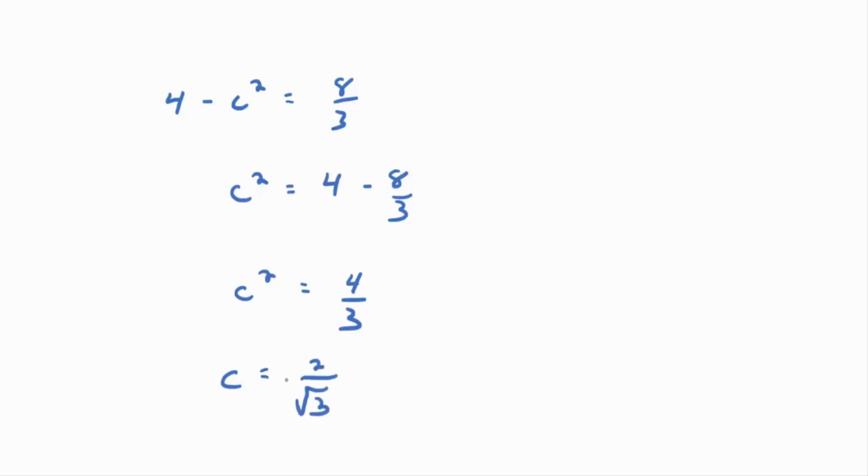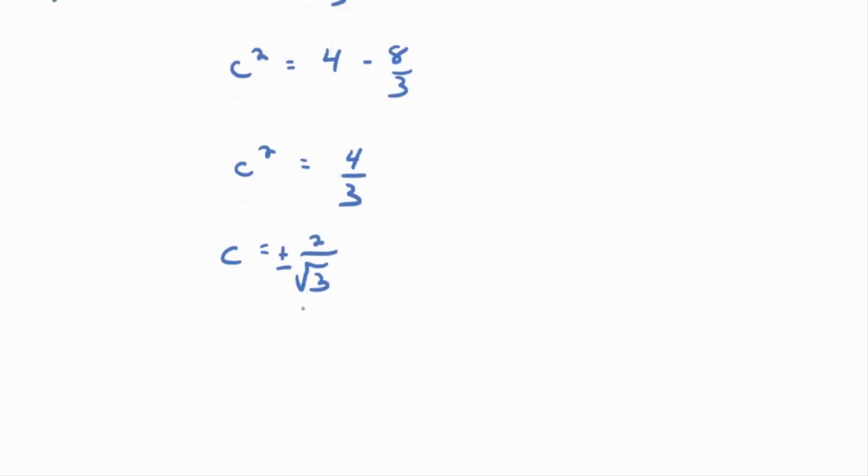However, normally you would put in a plus or minus, right? Why don't we need both of those? Yeah, we're in the interval. In this case, we're in the interval from 0 to 2. So we'll throw out the negative, because negative 2 over root 3 is not in the interval.